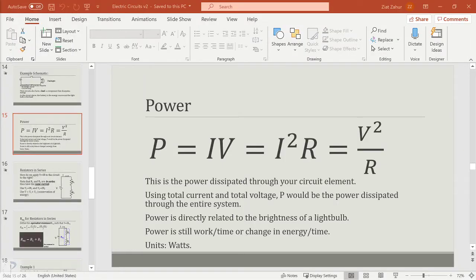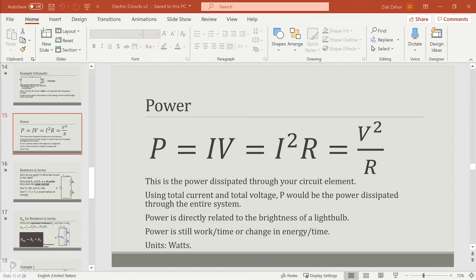Okay, you could use them, but for the lab, at least stick to P equals IV. Power also tells you the brightness of your light bulb. So at the bottom, there's some conceptual questions that you need to answer for your lab. If they were light bulbs, how would the brightness be affected, or something to that order.